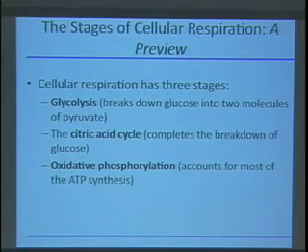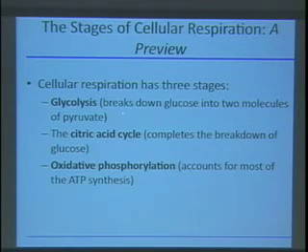Okay, so I now want to start off this discussion of glycolysis by showing you a preview of the different steps in cellular respiration. We can think about cellular respiration having 3 distinct stages. The first one is glycolysis.